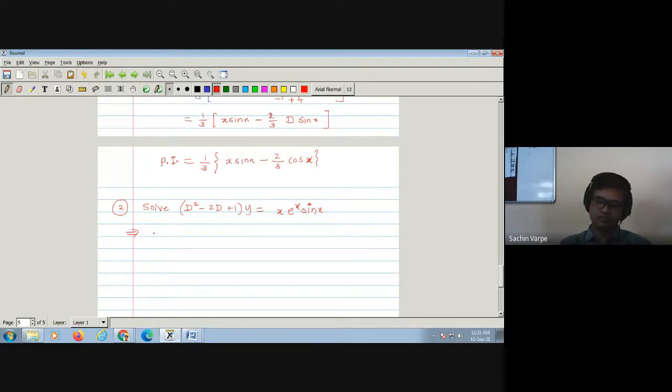So it's easy to get the complementary function, right? You can directly say the roots are 1, 1, repeated twice, because this is the expansion of d minus 1 the whole square.